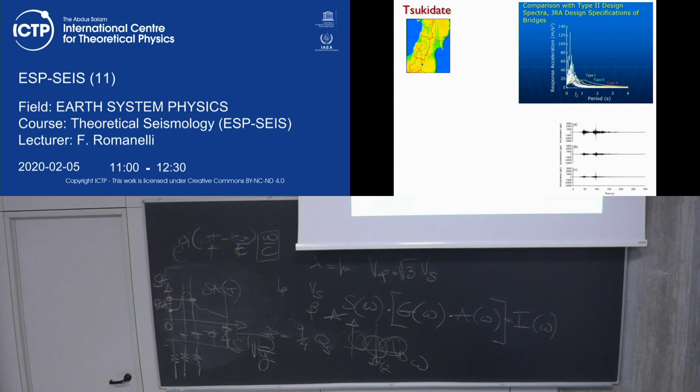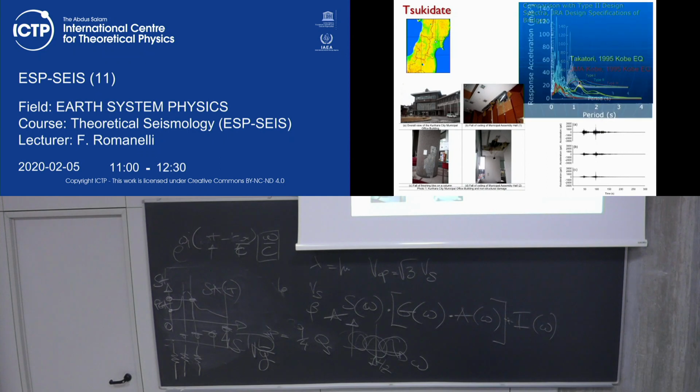And these curves here are the design spectra. So they are the rules that the Japanese engineers should follow to design buildings. And you should ask, how did they decide them? Well, they learned, because they learned from the terrible Kobe earthquake.